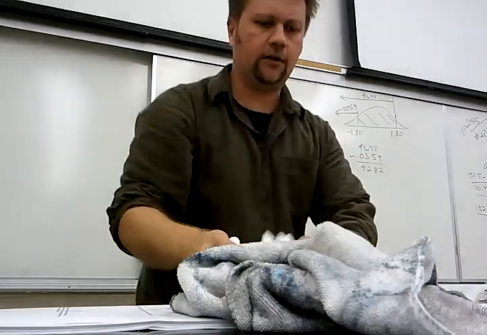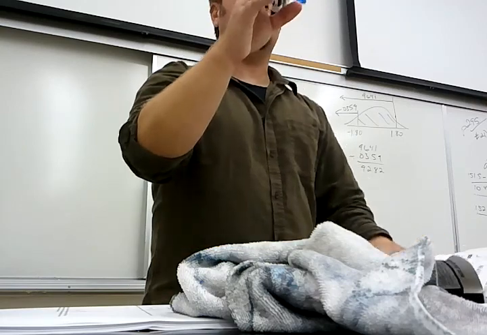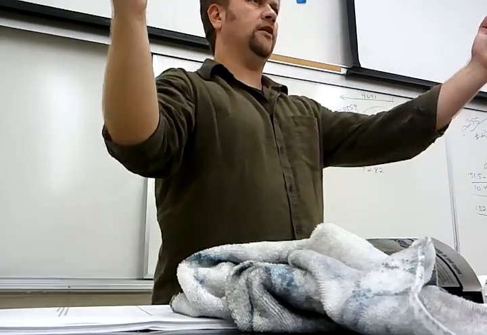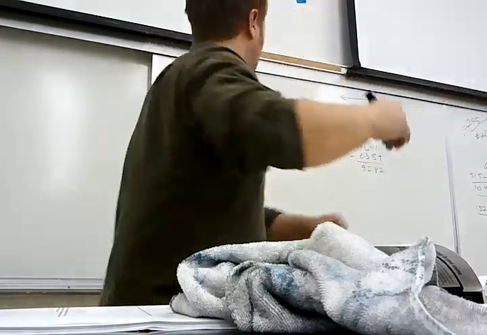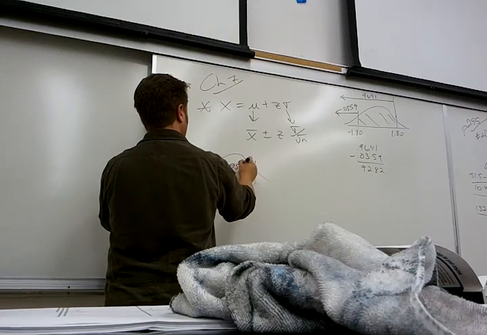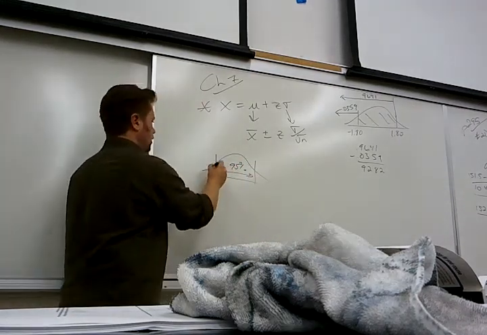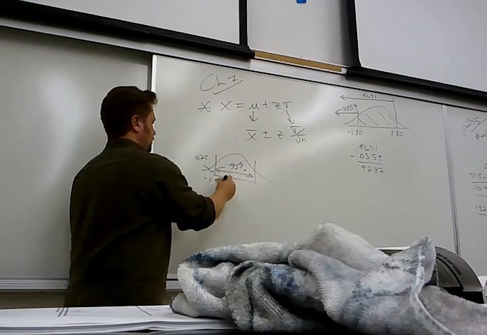Let me point something out on the chart real quick. We've already done this a couple times. If I want to be 95% confident, does somebody know that z-score? From here goes 2, but we actually know now, if you look at 0.025, 1.96.